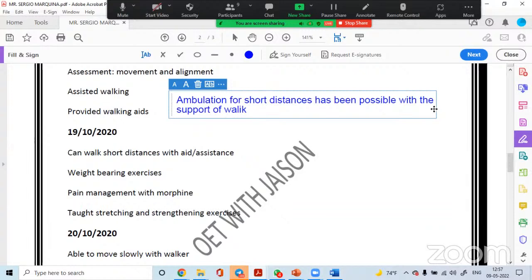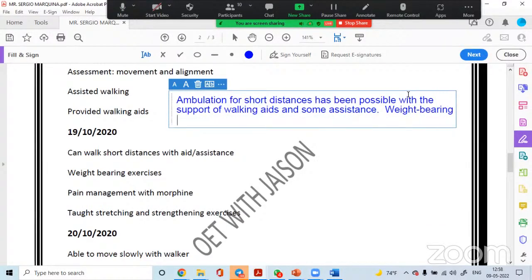What type of walking aids? Not clear. Walking aids and some assistance. Okay. Right. And some assistance. Weight bearing exercises have been suggested.